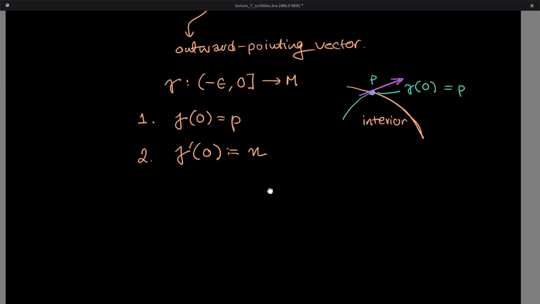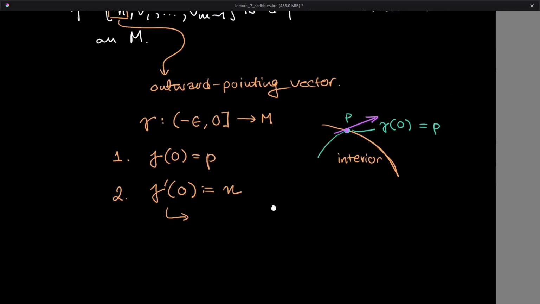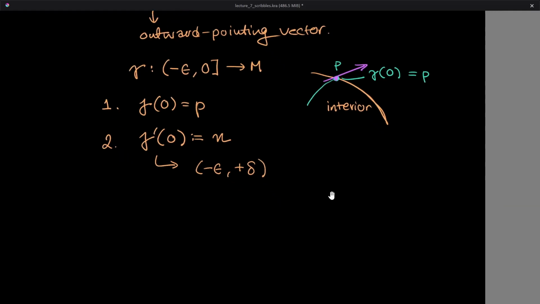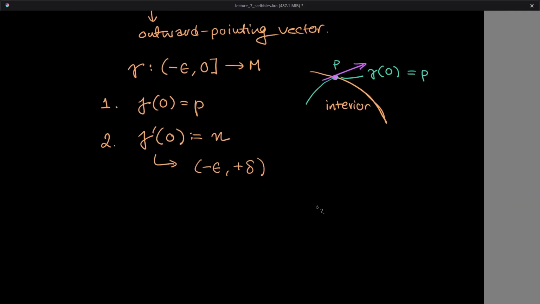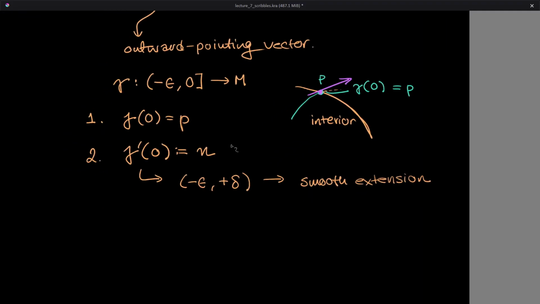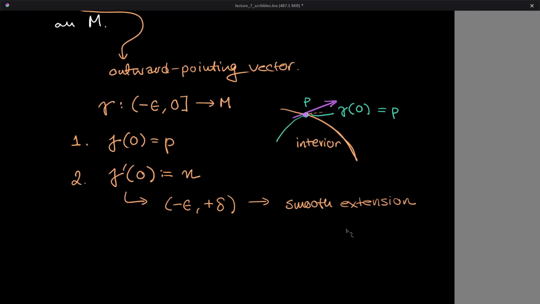The way we define this is that we take this little extension, minus epsilon to plus delta. This is going to be called a smooth extension. We don't have that much time to get into what a smooth extension is, but you can understand that we just extend this curve smoothly in order to completely define this.